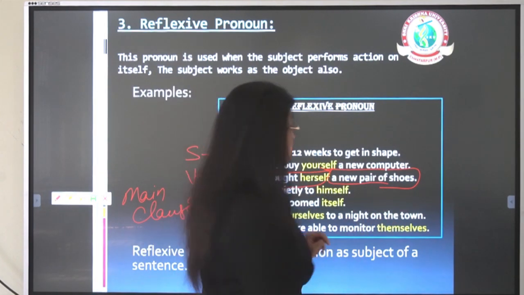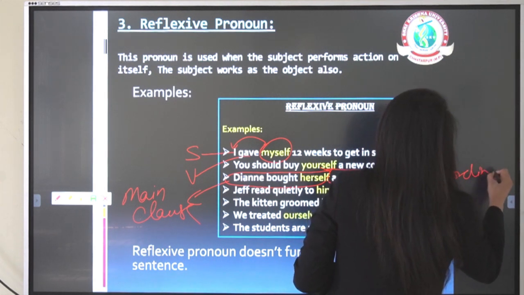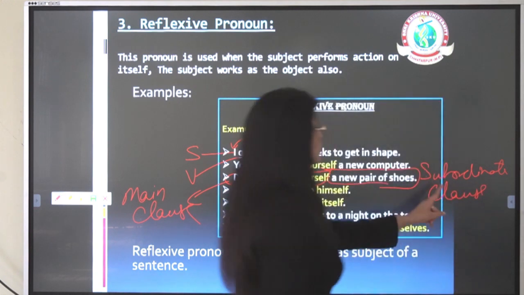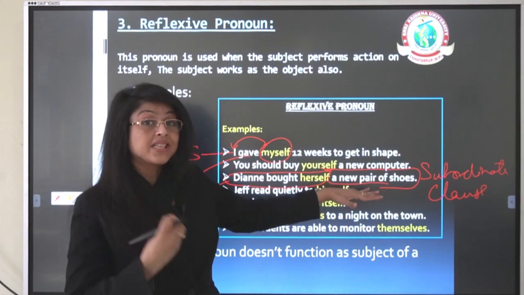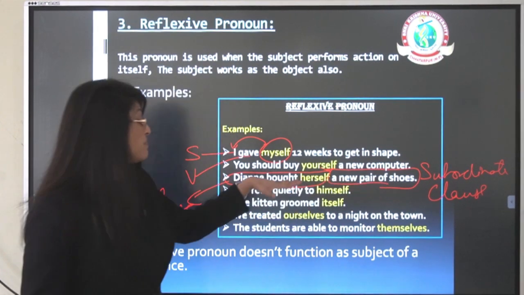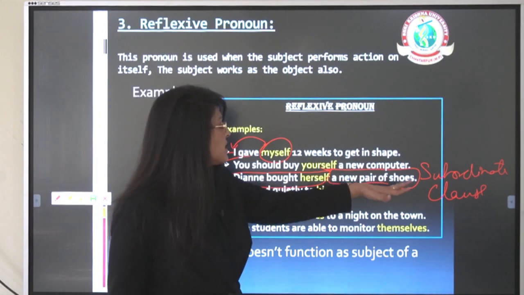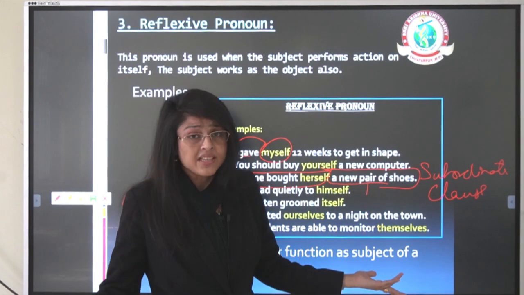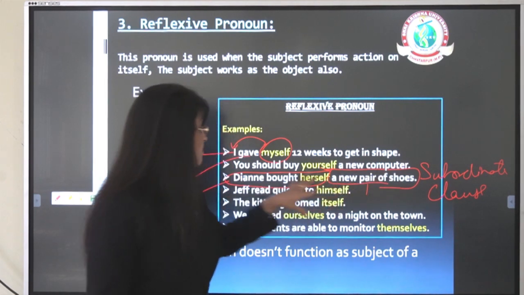The second part is a subordinate clause, which is always a dependent clause, because to understand the complete meaning, you have to understand what is being said about whom. What will you understand by half a sentence? "A new pair of shoes." What sense does it make? Nothing.